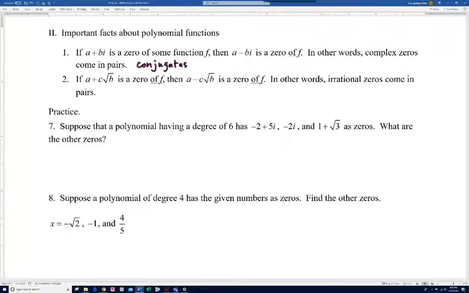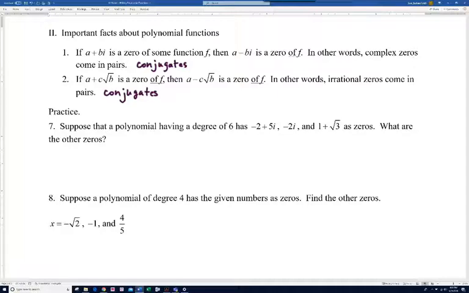And the same is true with radical or irrational zeros. In 2 it says if you have a plus c square root of b, then you're also going to have a minus c square root of b as a 0. So these types of zeros also come in pairs, and again, they are conjugates.